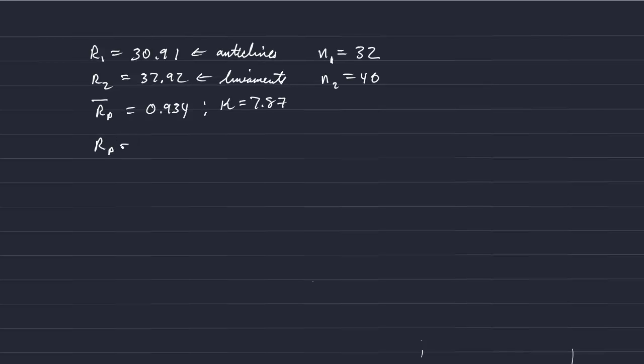RP was, again, RP bar times N, and that is equal to 67.23. Here, kappa was indeed greater than 2 and less than or equal to 10, so I had to use my second equation for F, which had a function of kappa as the first term.